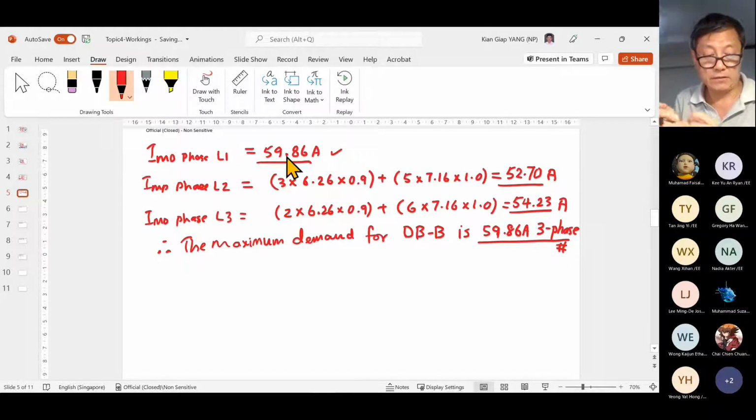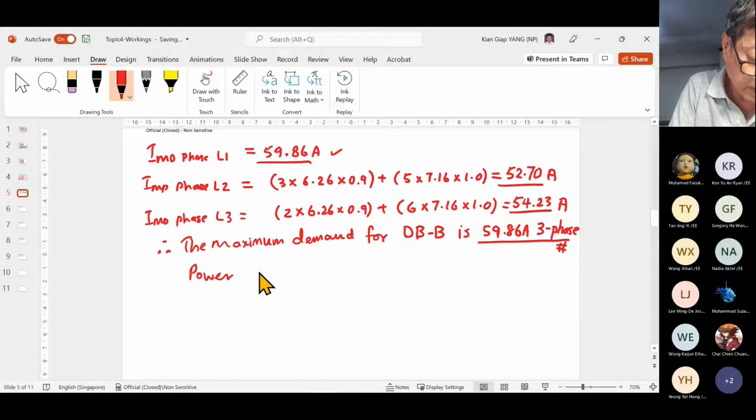Okay. So if I get this, and I want to convert it to power in kilowatt, because this one I need to write back there, power is equal to what? Voltage. In this case, we are talking about 3-phase.